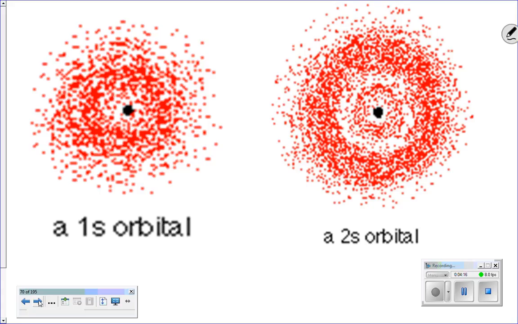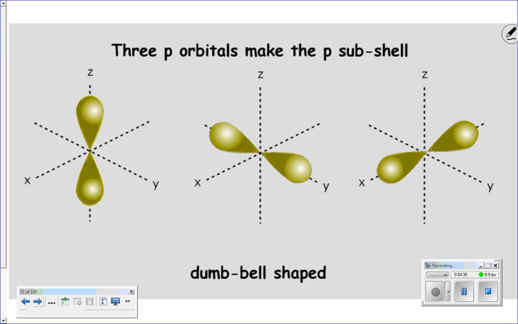If we used one of those and took a picture of an electron as it moved all over the place within an orbital, and then we were able to lay those pictures over each other, the picture that we get would show us that general shape of where we're likely to find an electron. For the s orbital, it would give us the spherical shape. P orbitals are more of a dumbbell shape.